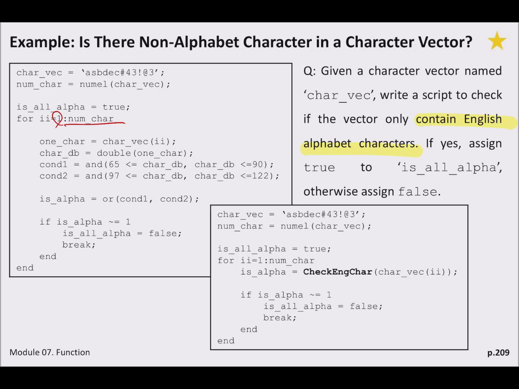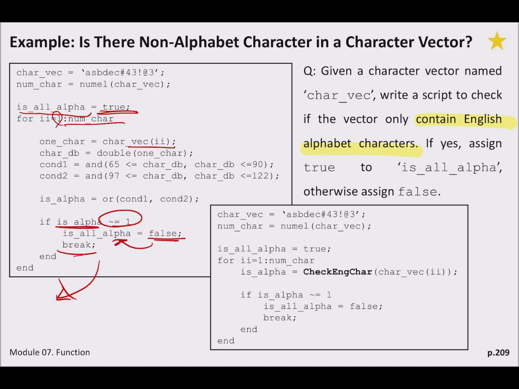The is all alpha is initially set to true, then read the characters, and if the character is not an English character, you assign false and then break. This means if there is at least one non-English character in your sequence, that character vector is not a vector that only contained English alphabet characters, right?